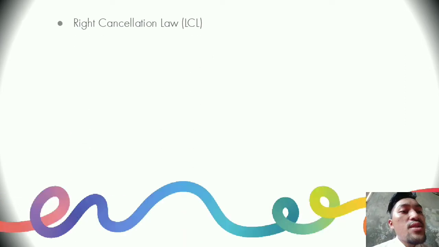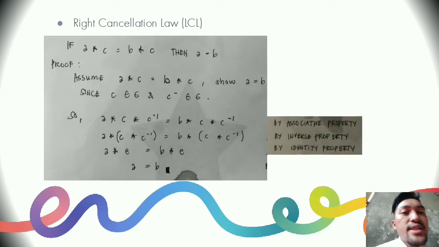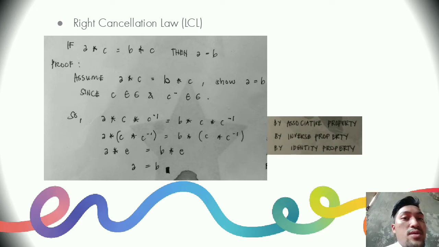And for the right cancellation law, they have the same concept, but this one is on the right. We put the inverse to the right. So if A star C equals B star C, then A equals B. Proof, assume A star C equals B star C, then we show A equals B. Since C is an element of G, and C inverse is an element of G also, so A star C star C inverse equals B star C star C inverse.